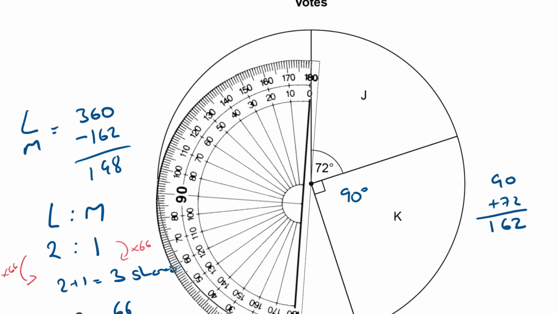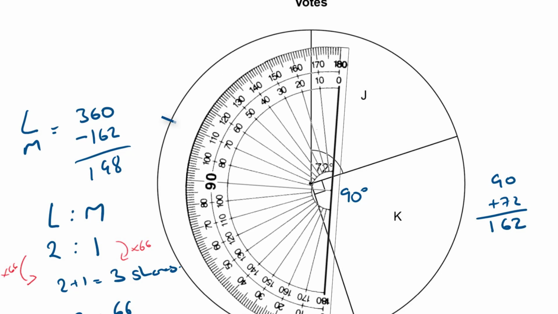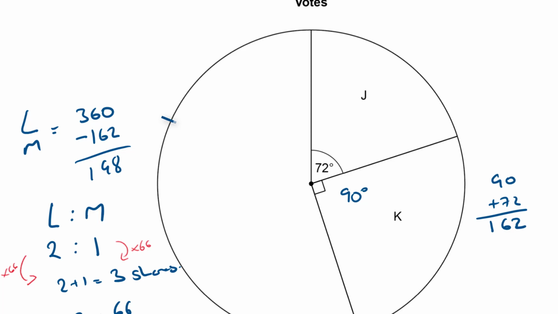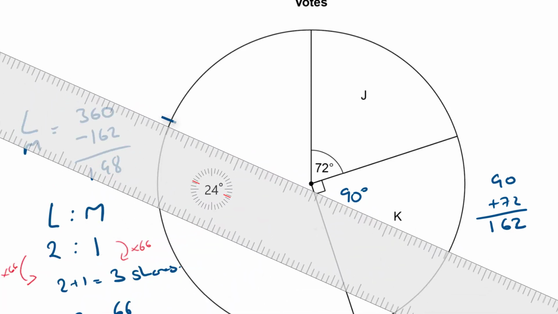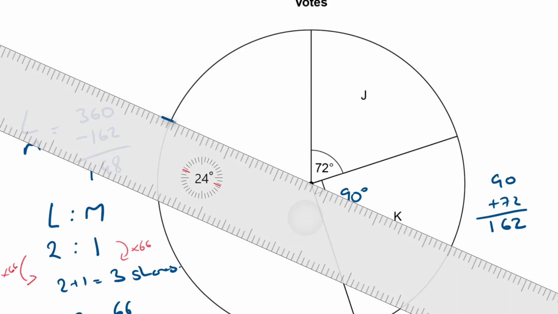So then what you're going to need to do is lay your protractor out on this shape. Your protractor is going to end up on here, something like that, and you're going to measure around to 66 and mark it and draw your angle on. So for my diagram, it's going to end up looking something like this.